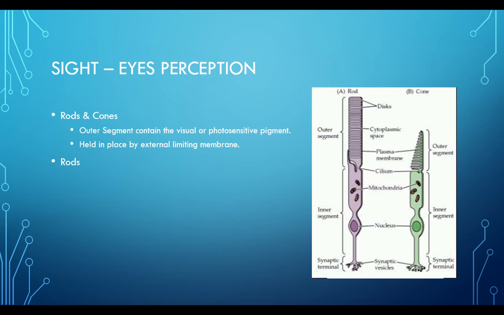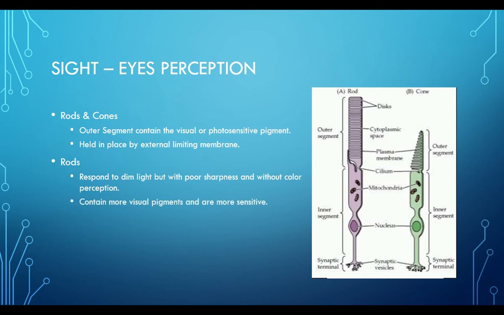Individually, the rod, in purple, responds to dim light but with poor sharpness and without color perception. So this doesn't detect the greens and blues and reds, it's just black and white. The cones, in green, contain more visual pigments and are more sensitive. The cones are divided into populations, and each population has a different visual pigment.